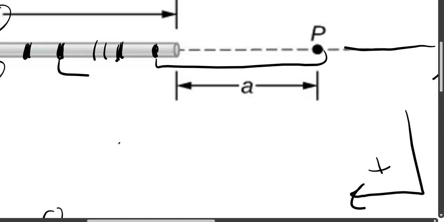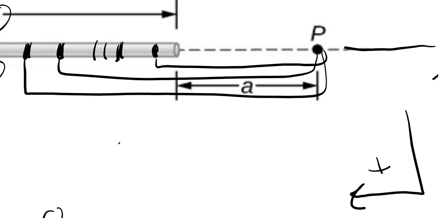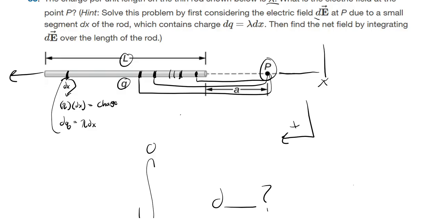This distance from here is some other distance. And then yet from here, there's another distance. So what's really changing as you add up all of the little contributions of electric field to the field on P is the distance of the section of charge contributing to that electric field.